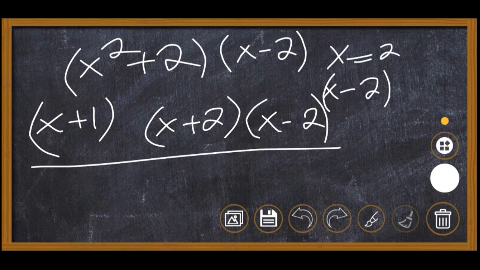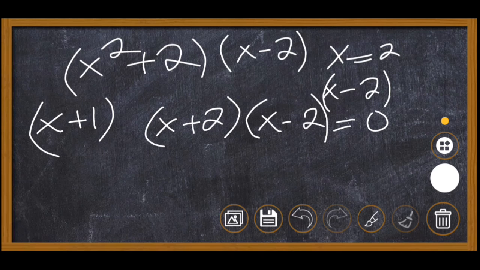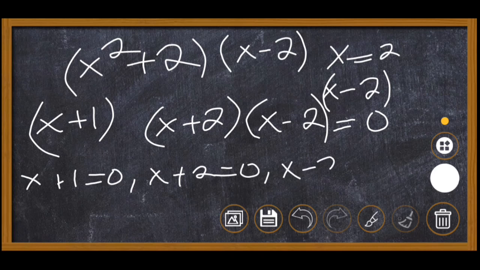But since our aim here is to solve this, we have to equate it to 0. So we are going to equate each factor to 0. We are going to have x plus 1 equals 0, then x plus 2 equals 0, then x minus 2 equals 0. Let's solve these. Taking positive 1 to the other side, you are going to have x equals negative 1.